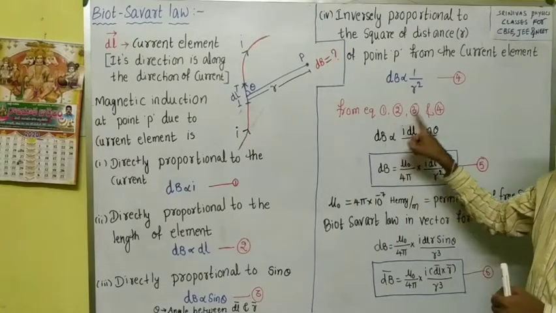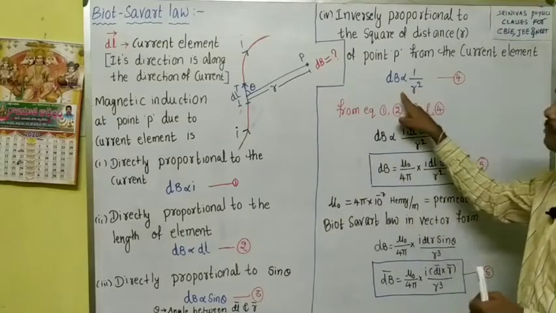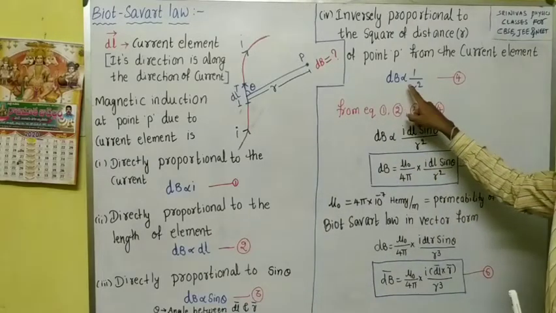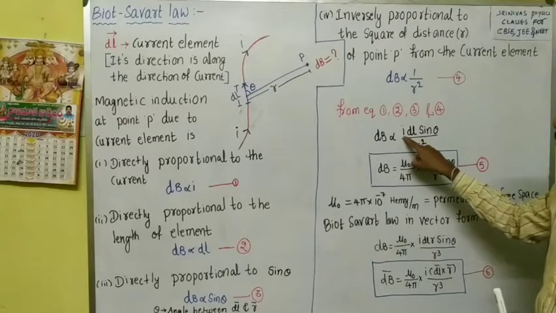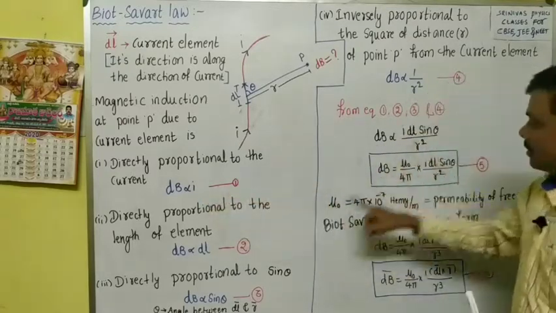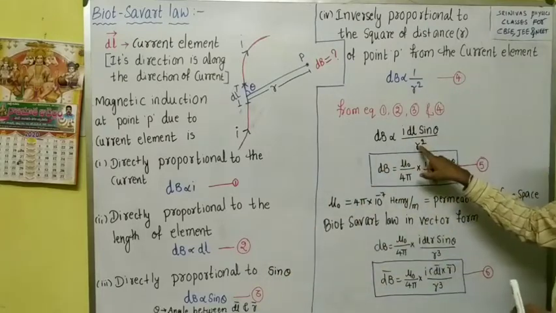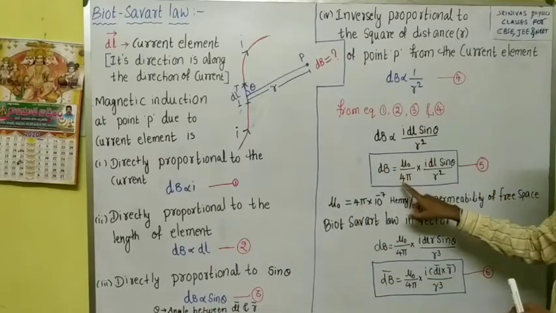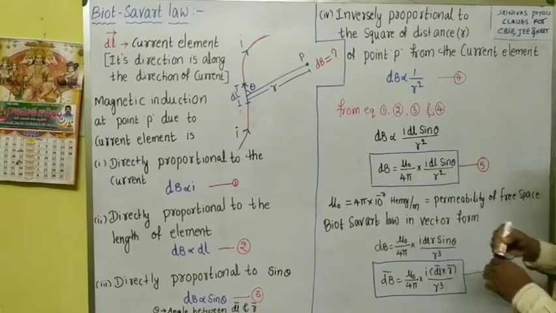When we combine these four relations, we get dB proportional to I dl sin theta by r square. When the proportionality is removed, we get a constant here. That constant is mu naught by 4 pi.